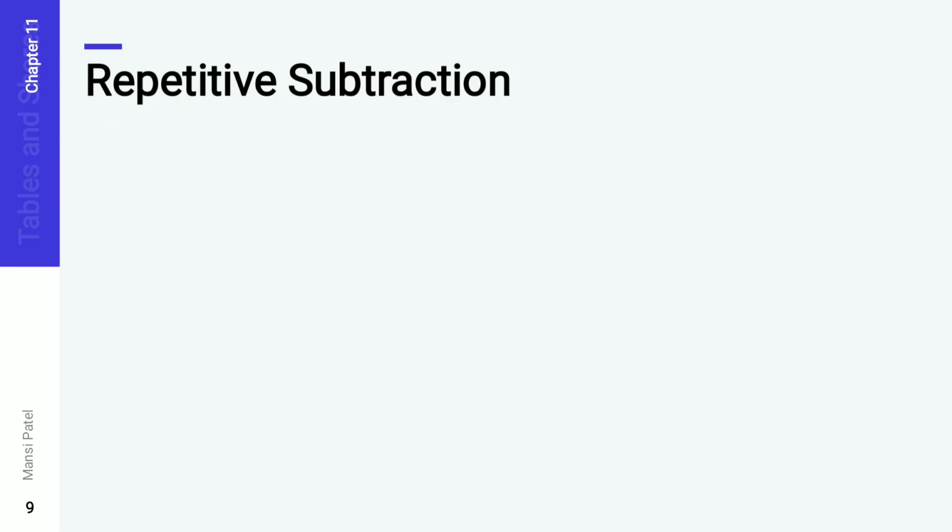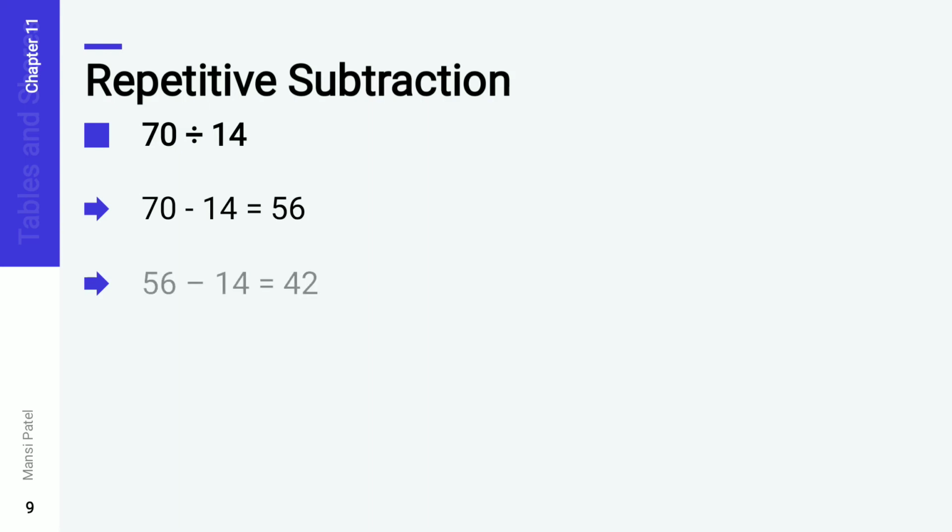In this, your question is 70 divided by 14. So from this 70, you have to subtract 14. 70 minus 14, 56. Then again 56 minus 14, 42. Then again 42 minus 14, 28.